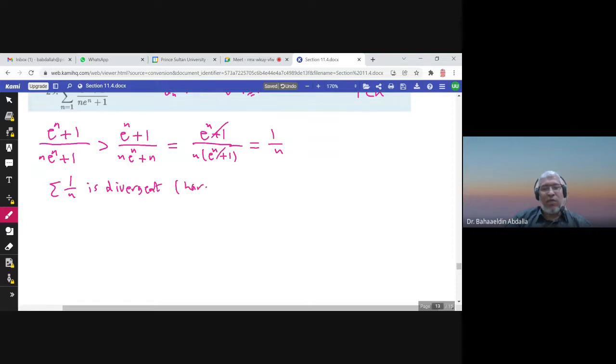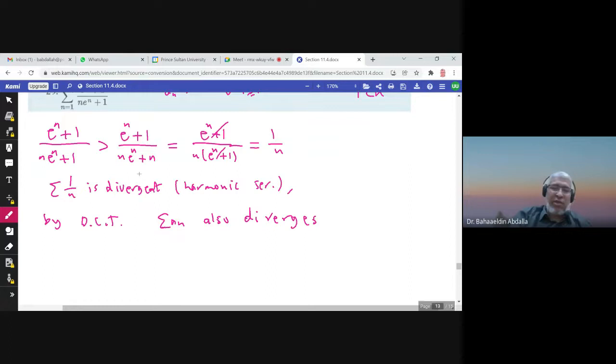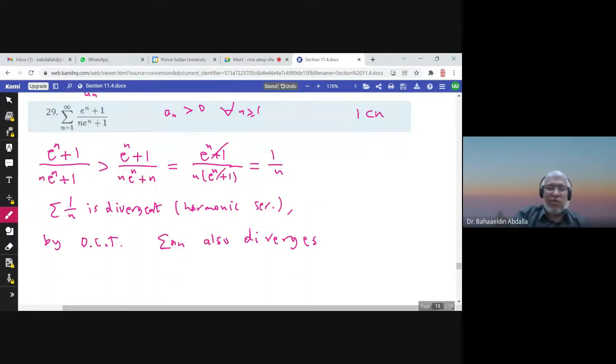It is the harmonic series. So by direct comparison test, summation an also diverges because I proved that an is greater than the terms of a divergent series.